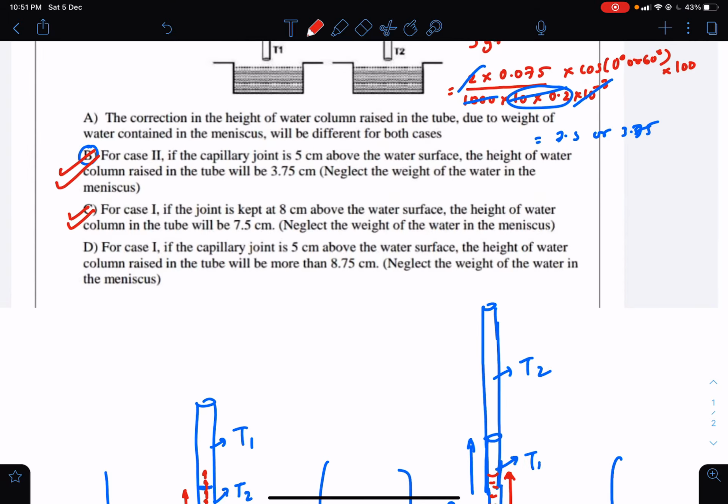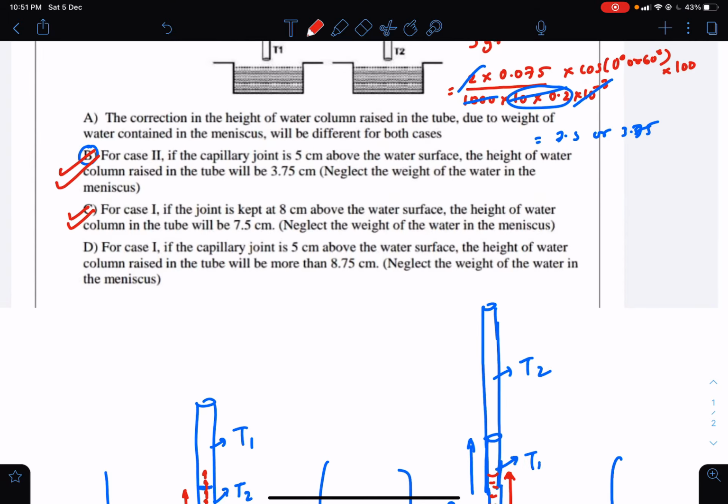Actually what happens is there is some correction involved in the rise in height because there is some water present in the meniscus whose mass we ignore while doing the force balance. So you may remember that if the meniscus is like this, then we calculate the height from the lower end of the meniscus, and what we do while doing this force balance is we assume that the water in the meniscus is this shaded volume, all right.